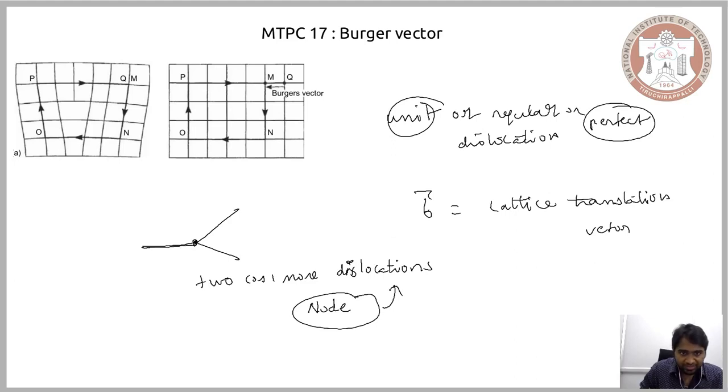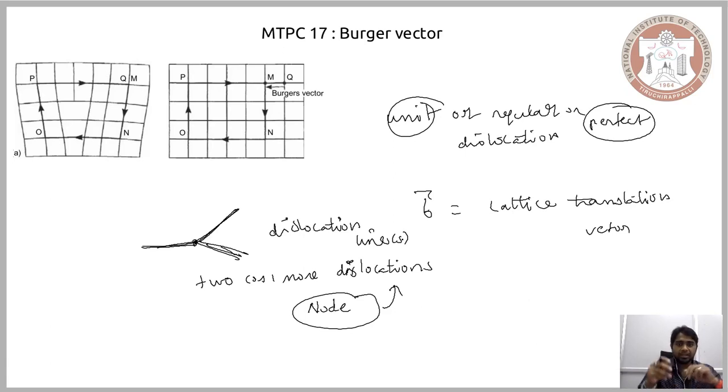Each of these lines represents a dislocation line, and when you have a point where two or more of these dislocation lines meet, we refer to it as a node. This is usually observed in the physical condition where it is not just one dislocation that is operating, but dislocations of variant forms, and when they meet at a point, we refer to that as the node.